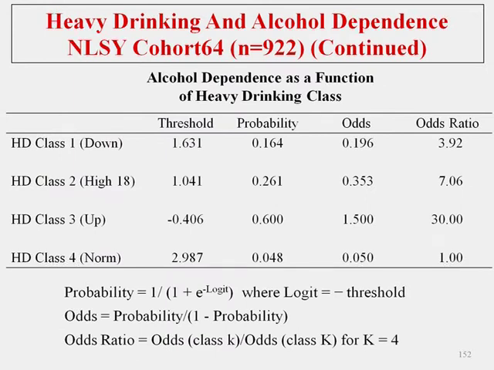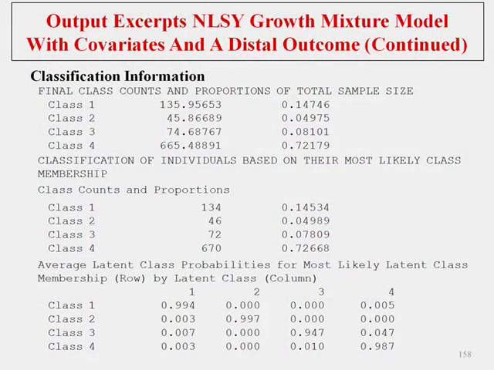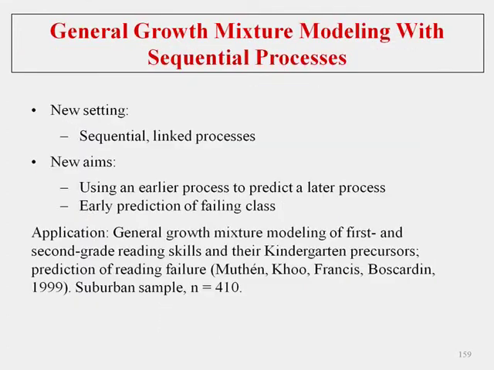So these two screens can be compared. We have the threshold 1.631, 1.041, et cetera. And then we just compute the probability, the odds, and the odds ratio to complete the table. The formulas are all given there, and we've gone over this a couple of times. And that's the end of that example.